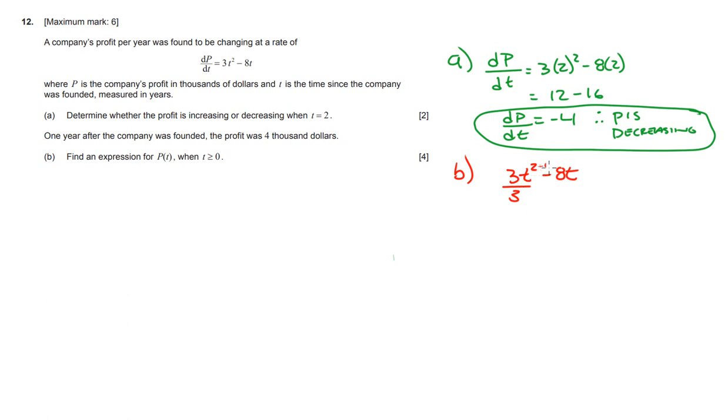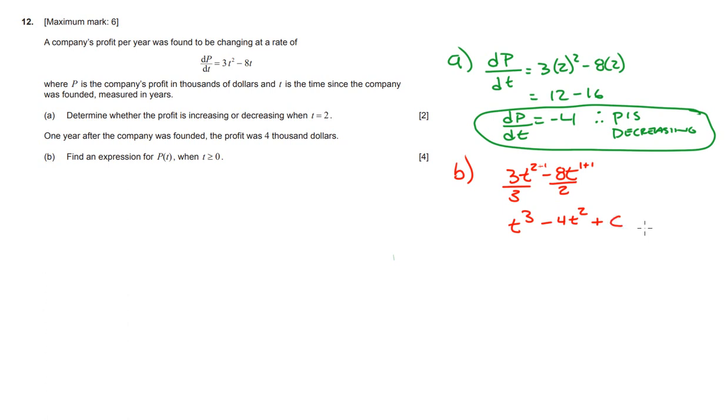We're really doing the exact opposite thing. So 3 divided by 3 is 1, and we have t cubed. Then this is t to the first. We add 1 to that, which gives t to the second, and we divide by that power of 2 out front. So negative 8 over 2 is negative 4t squared.